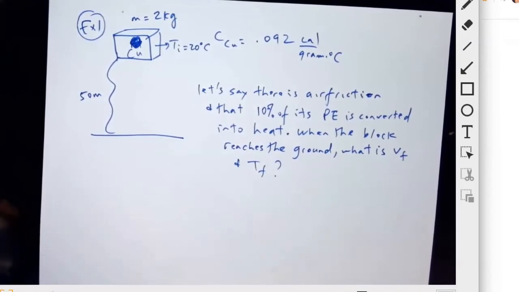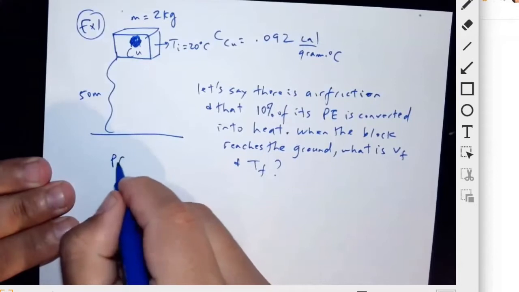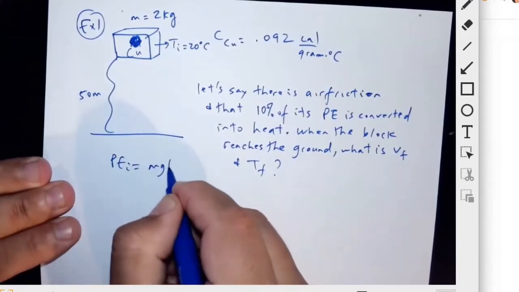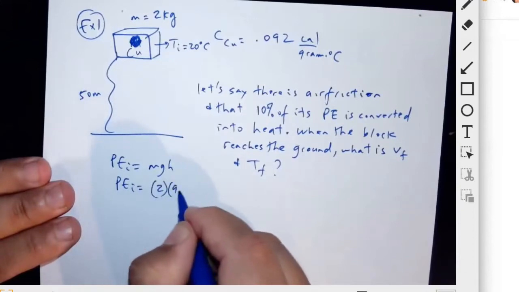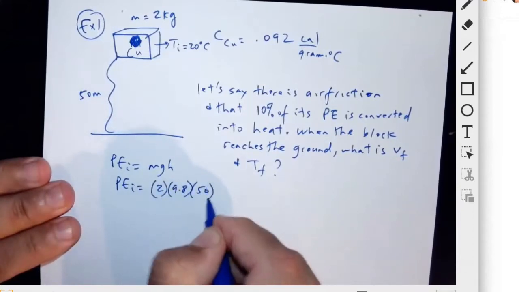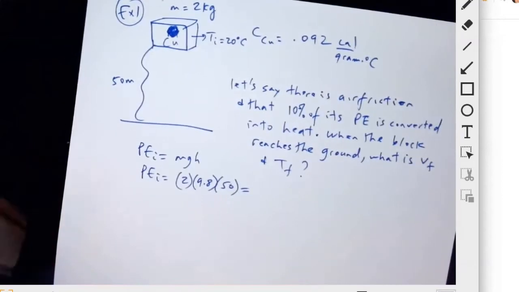So this is a good problem because it utilizes some physics concepts from Physics 101. The initial potential energy is mgh, 2 times 9.8 times 50. What does that give you?